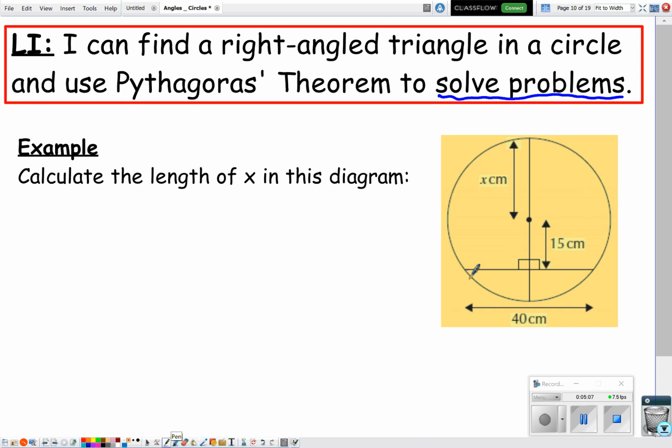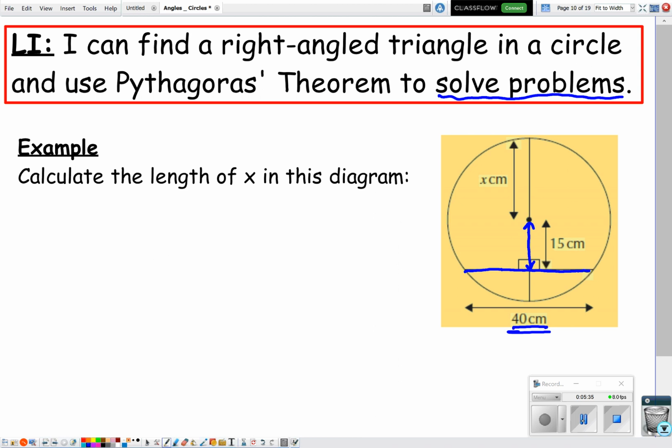We know the length of this chord line. That's 40 centimeters. We know the distance between the center and the chord line is 15 centimeters. So you should now be saying to yourself, where can I get the right angle triangle out of all of this?